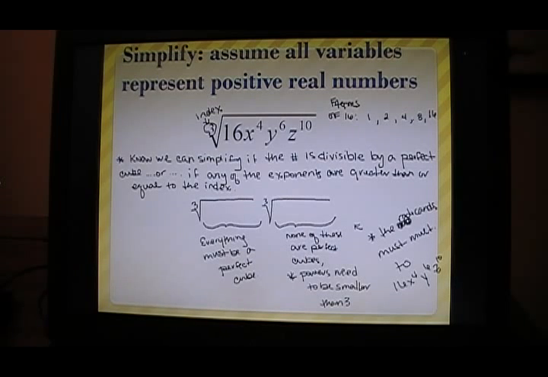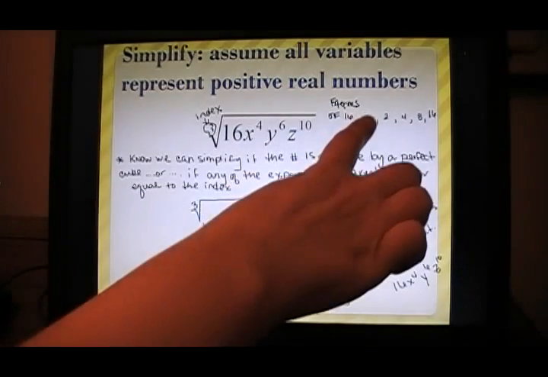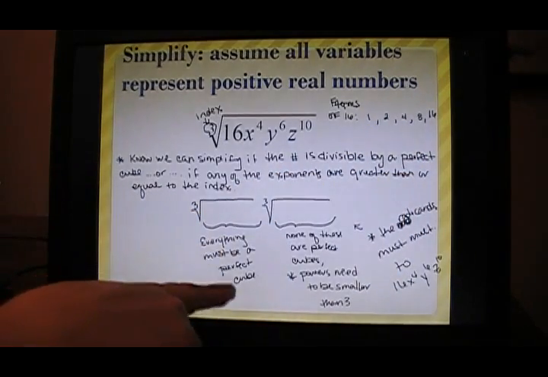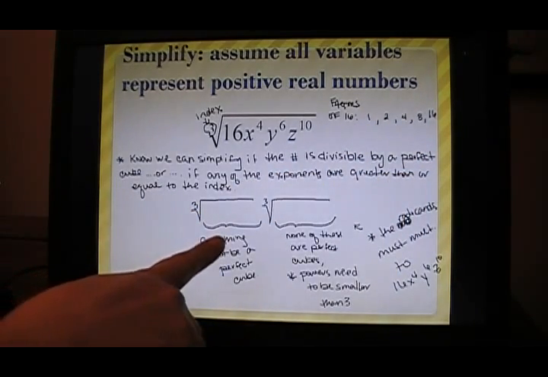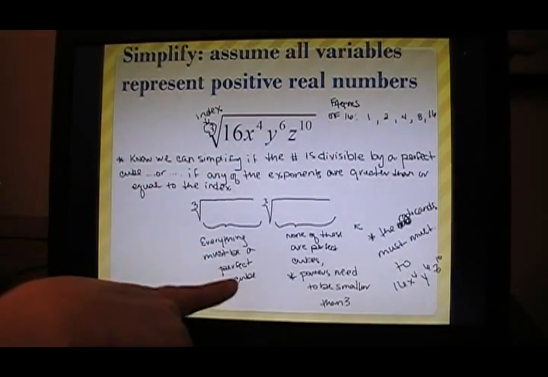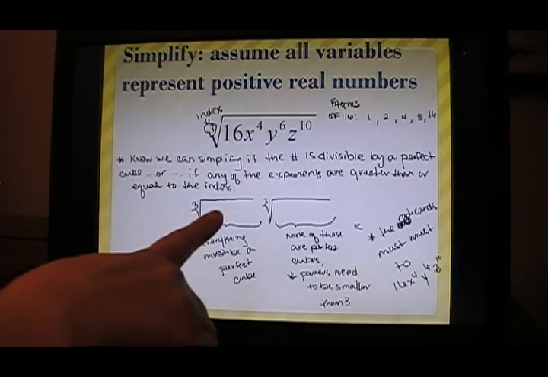And the only other factor of 16 is 4. If I multiply 4 by 4, I will get 16. So I'm looking at my factor list, and I know that underneath here, to simplify, I can only do that for the 16 if I can put a number in here that's a perfect cube.